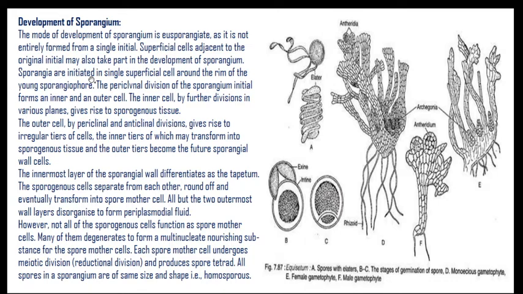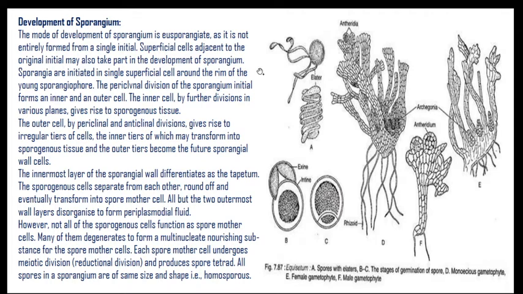Sporangia are initiated in a single superficial cell around the rim of the young sporangiophore. The periclinal division of a sporangium initial forms an inner and outer wall. The inner cell, by further divisions in various planes, gives rise to sporogenous tissue.